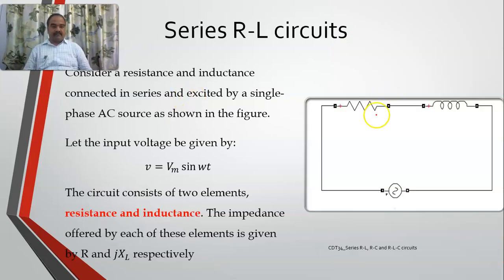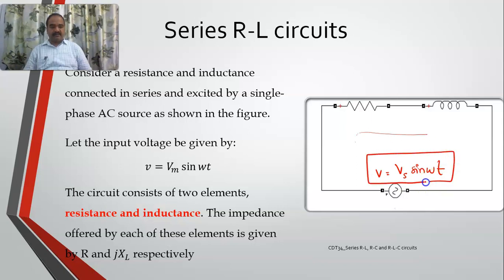Now if you carefully see, this is a series RL circuit. This is your supply. I'll assume that this is a single phase AC sinusoidal supply, where this is the peak value of the signal and this is the angular frequency, which means that my input is like this.